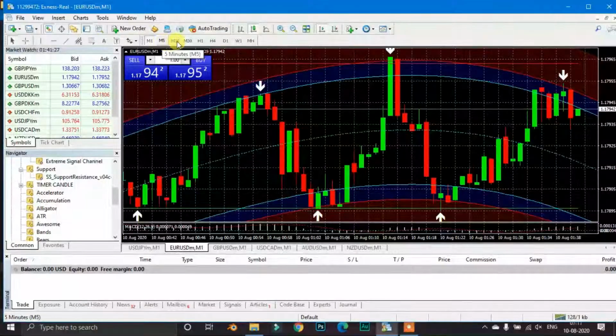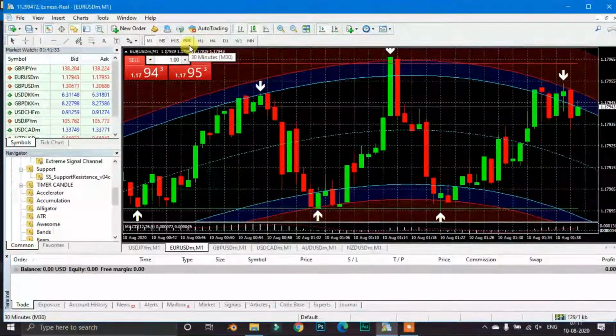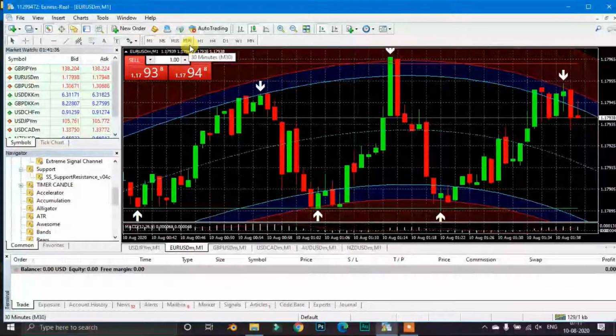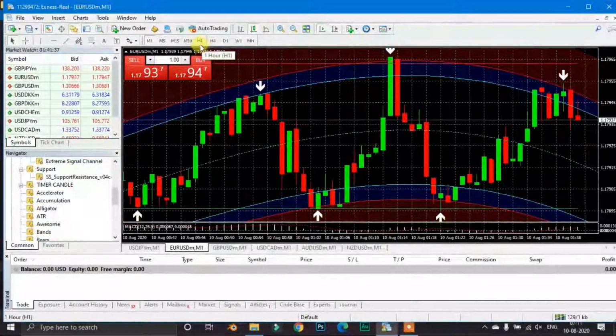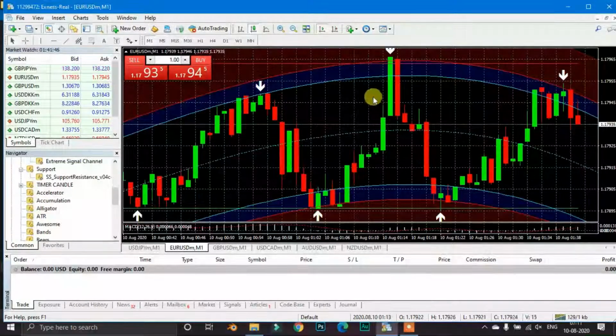If you use a 15 minute chart, then you have to take 1 hour. If you use a 30 minute chart, then you have to take 1.5 hours. So after this signal, you have to set it for 5 candlesticks, 1 2 3 4 5.